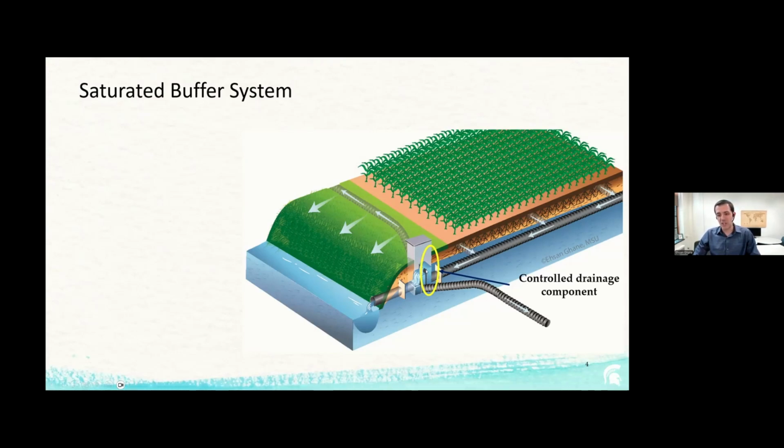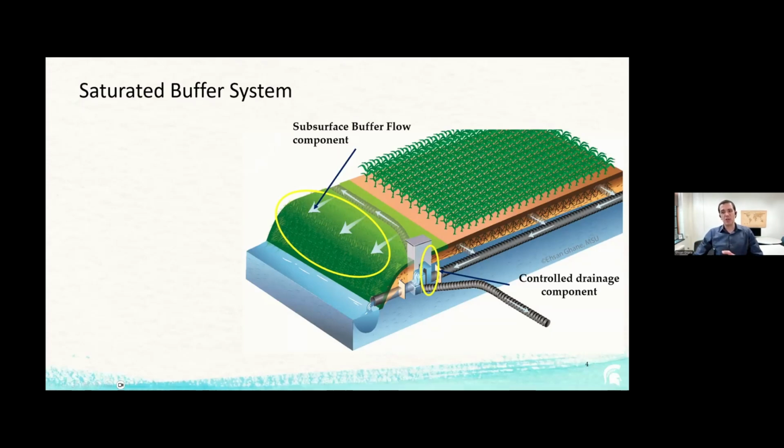The first chamber here is behaving like a controlled drainage component. That's why we call it the controlled drainage component: water comes in, flows over the weirs, and then into this middle chamber. The second component is called the subsurface buffer flow component. This is where water slowly comes out of the perforated pipe that is buried under the ground.